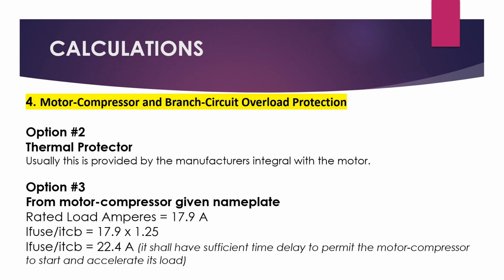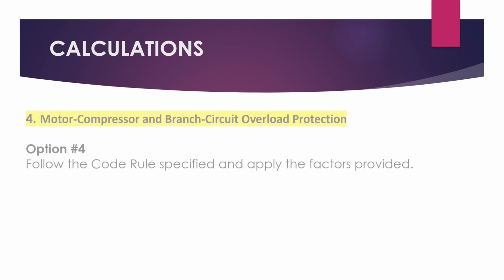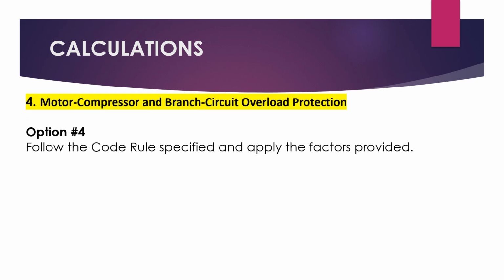So that comes out to be 22.4 amperes. And also it shall have sufficient time delay to permit the motor compressor to start and accelerate its load. And option 4, just follow the code rule as specified and apply the factors provided.